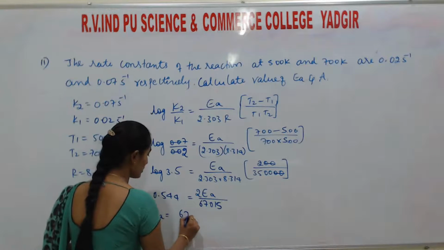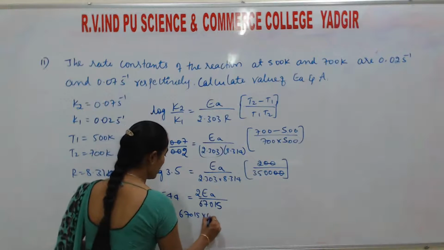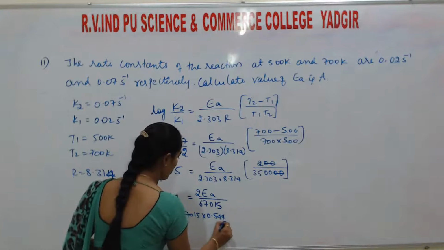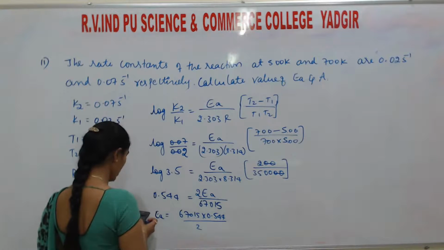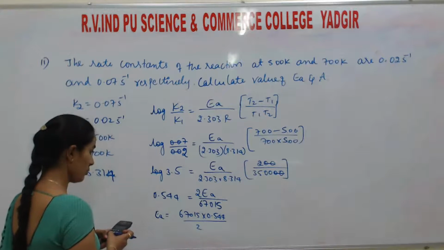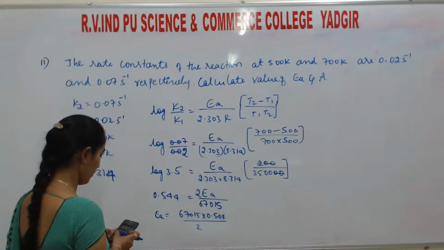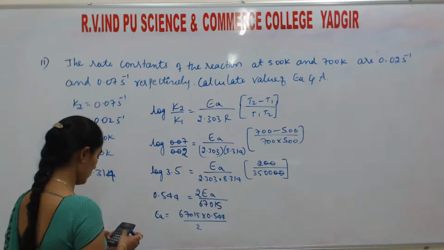EA is equal to 67015 into 0.544 divided by 2.